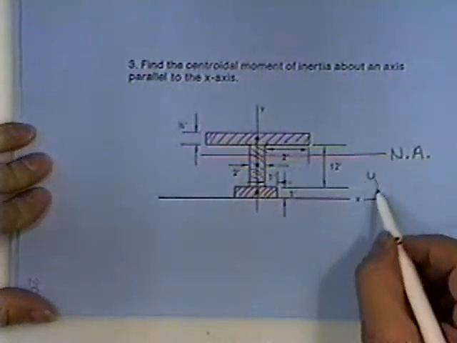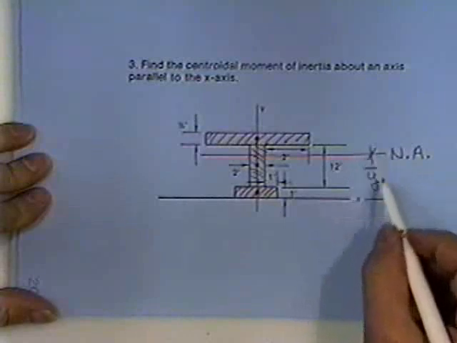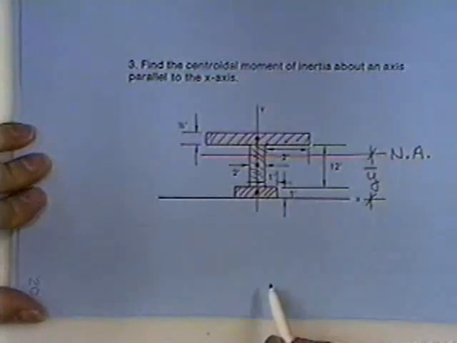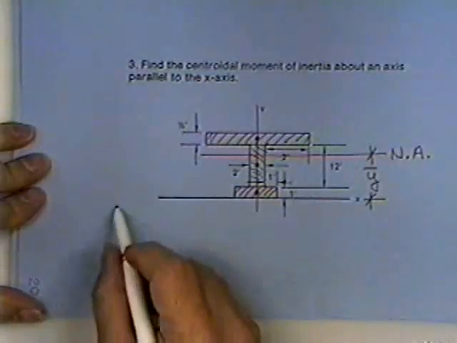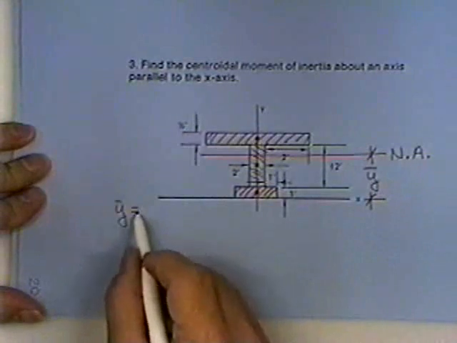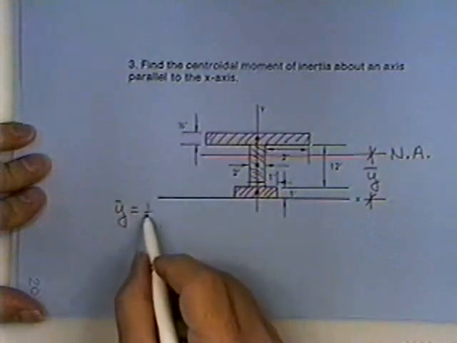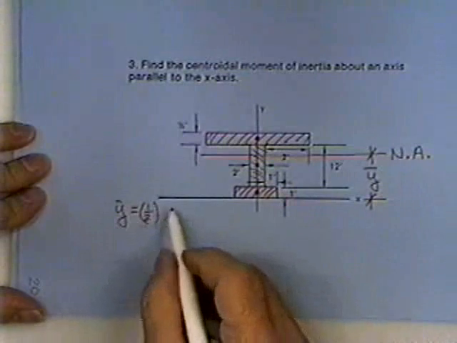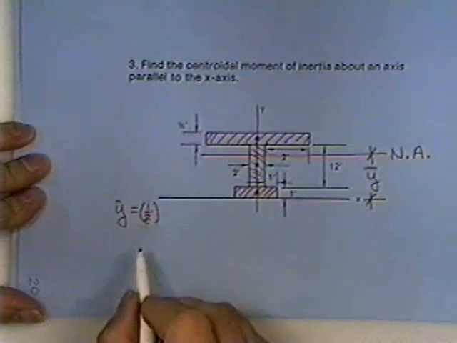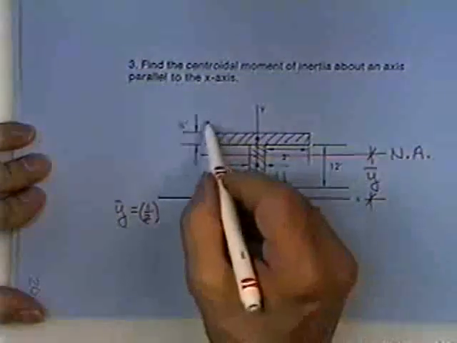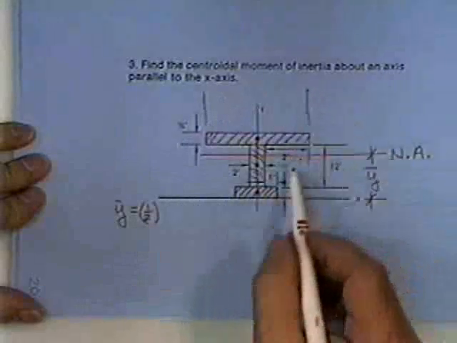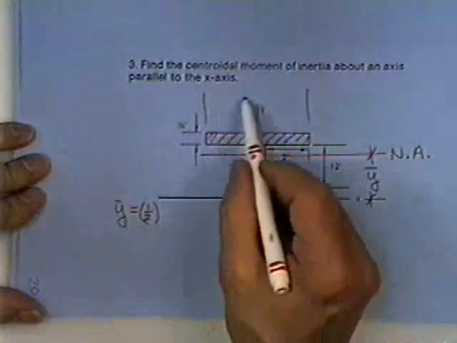That number is y bar. Y bar is equal to 1/2 times... yeah, it's 2 and 2 and 2, isn't it?